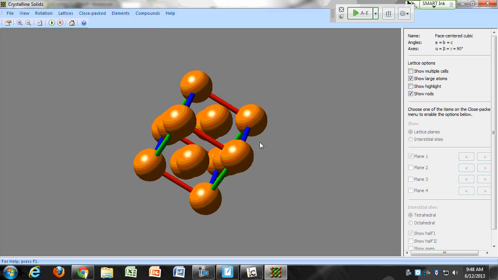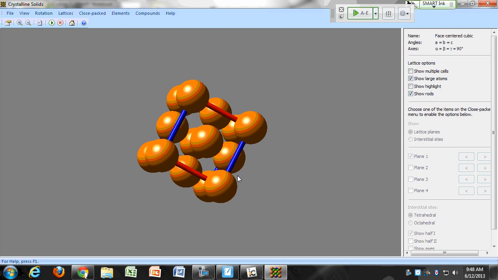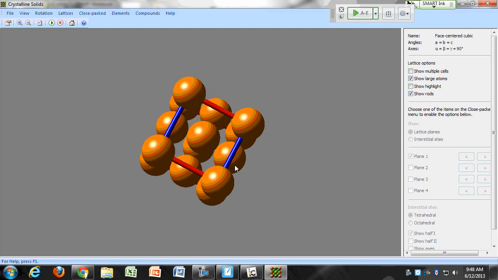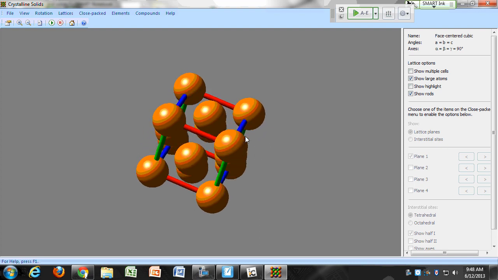At each of the 6 faces, here's one face right here. There's an atom on that face. So how many faces does a cube have? 6 faces. All right, so effectively, how many atoms belong to one cell if the structure is face-centered cubic?